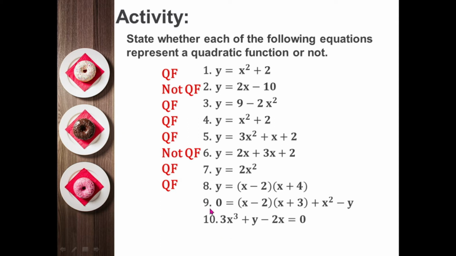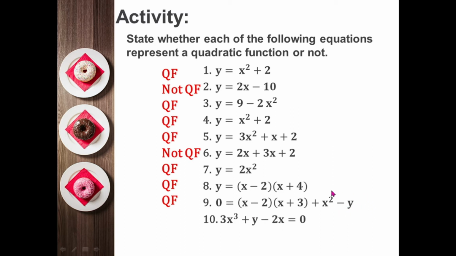How about number 9? Yes, again, it is a quadratic function. It is a quadratic function because if we simplify this side of the equation, we are going to have 2x squared plus x minus 6 minus y.